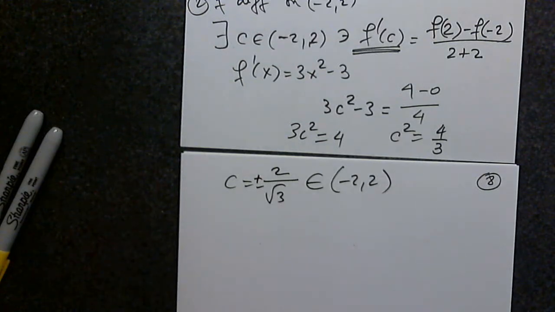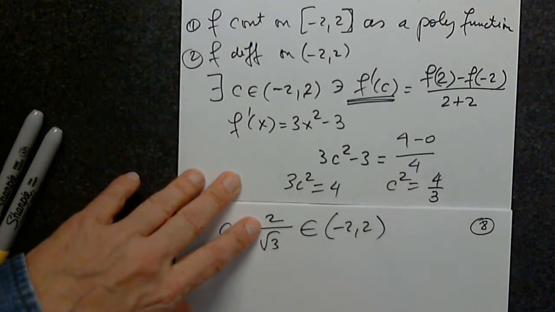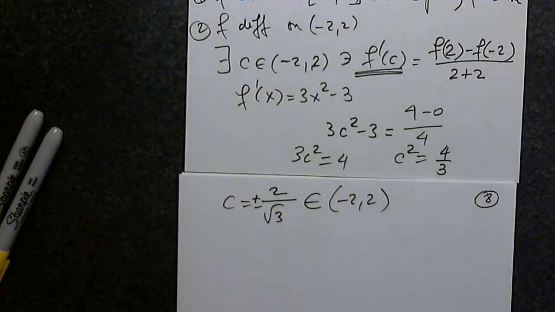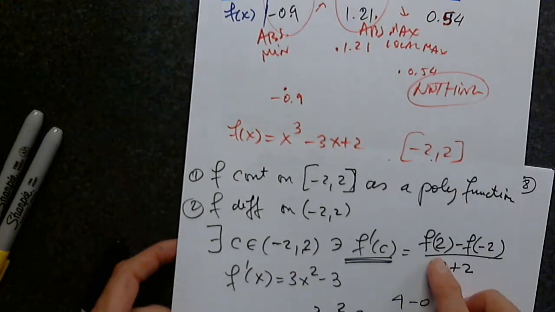So in this case, the function has 2 points. It does something like this. Is this clear? f of 2 and f of negative 2 are plugged into the original equation, right? Not the derivative.